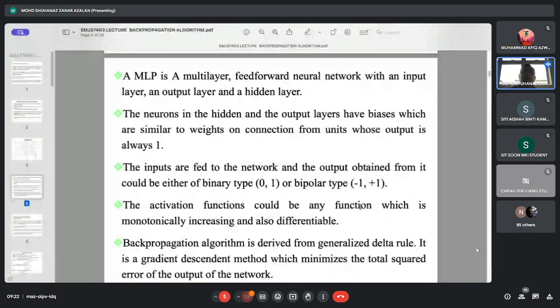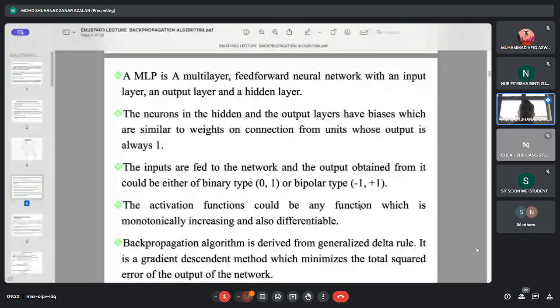So another term for this type of algorithm, we can call it a multi-layer perceptron, MLP, or feed-forward neural network, all the same. Okay, and in the architecture we have an input layer, an output layer, and a hidden layer, like I just showed you in the figure.